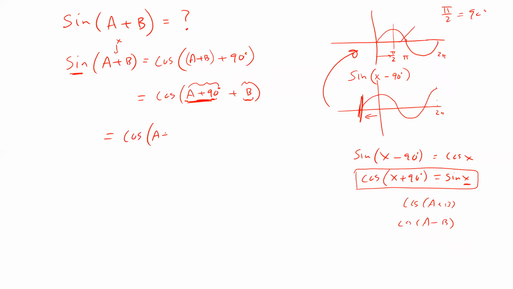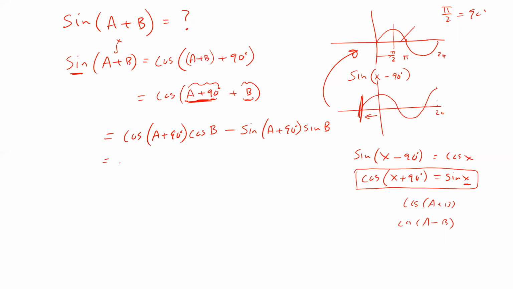Cosine of first angle, second angle, is that right? Minus sine. Hey, there's my sine stuff. First angle, second angle. Good. Does that work out? What do you guys say? Does that make sense?